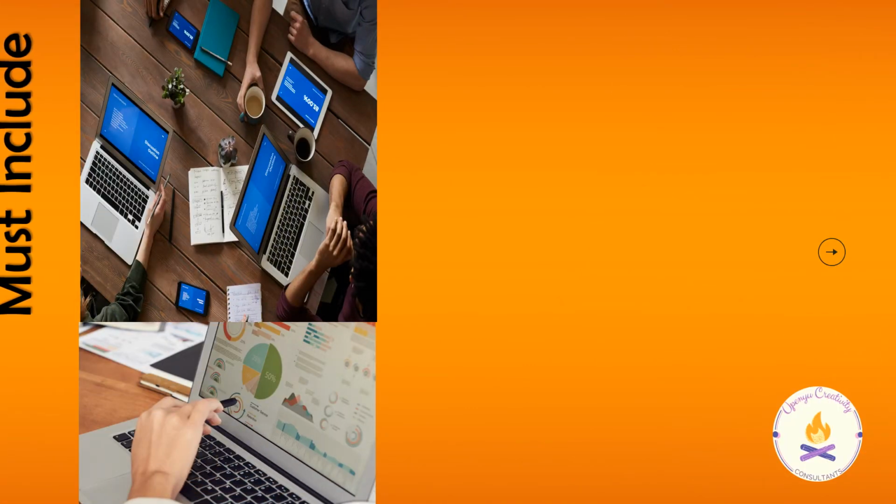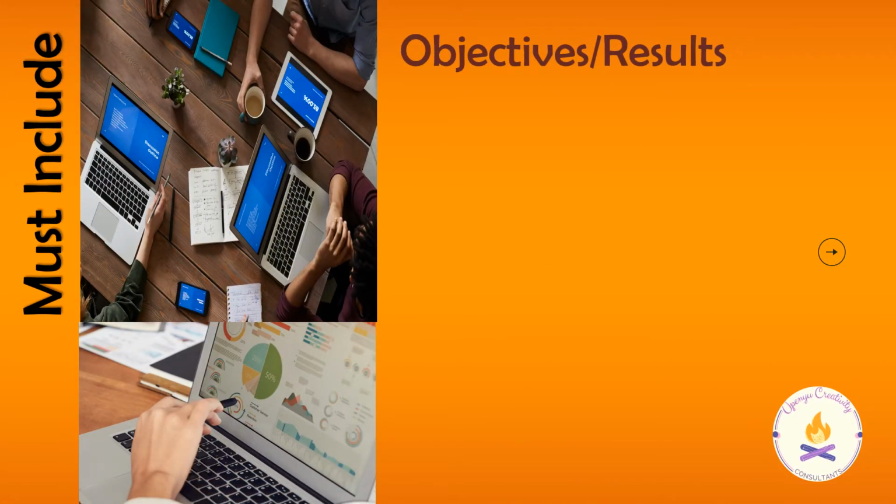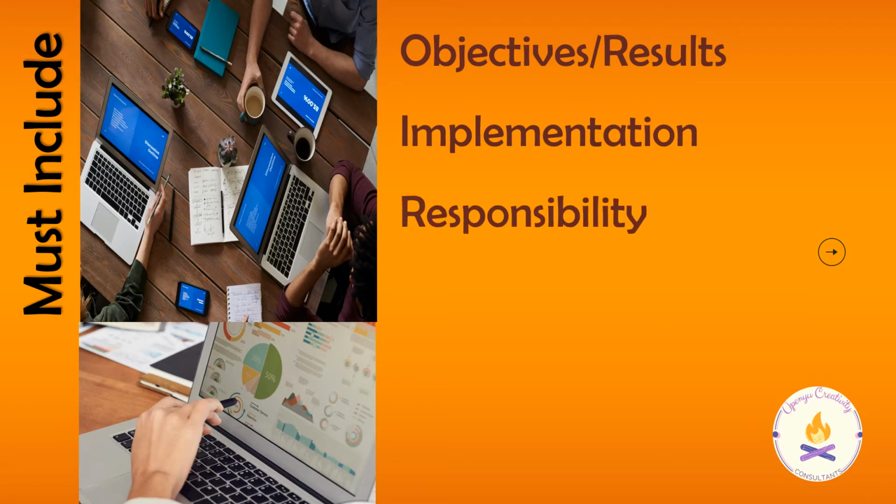It must include the objectives or the results that are expected in the project. It should include the implementation plan, the responsibilities, who is doing what and when, dates and duration. So start dates, end dates, duration, and there will be a number of dates which are significant during the project management cycle, and the M&E plan needs to involve these.